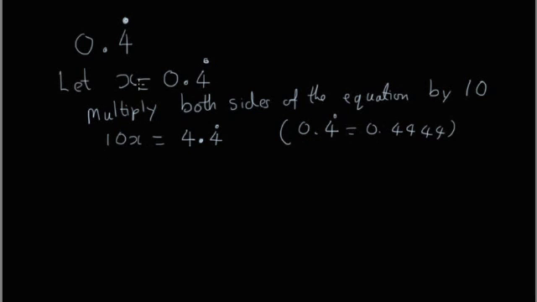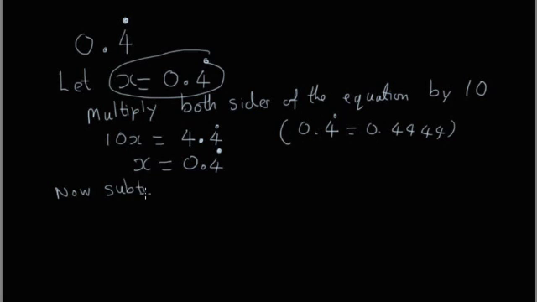And now we take this statement that we've got and write it underneath our 10x equals 4.4 recurring. So x equals 0.4 recurring. Now subtract. So we're going to take 10x minus x and the 4.4 recurring minus 0.4 recurring.